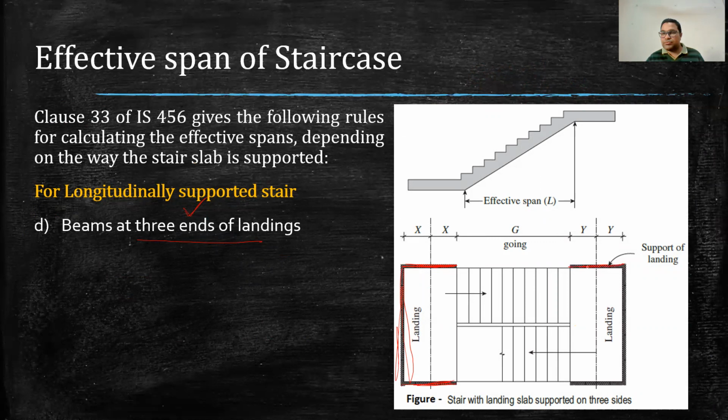Similarly here also, one here, one here, one here. In that case, the effective span will be considered as G only, because bending will occur like this. So that is case D.